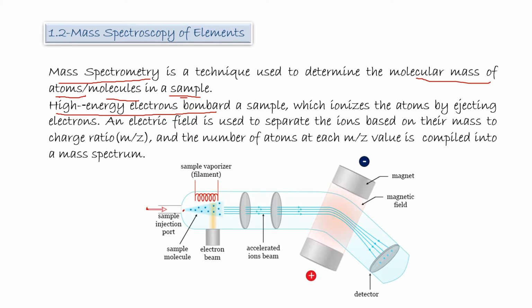These ions will be accelerated, then analyzed, for example, by a magnetic field. The ions will deviate based on their mass to charge ratio and be detected.